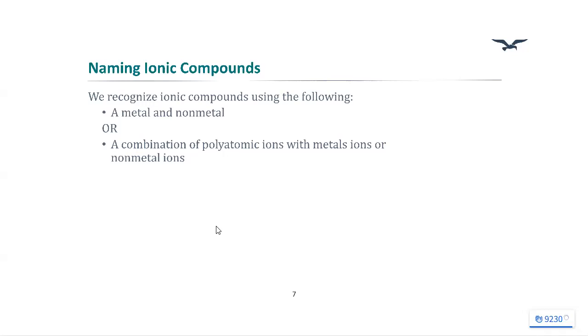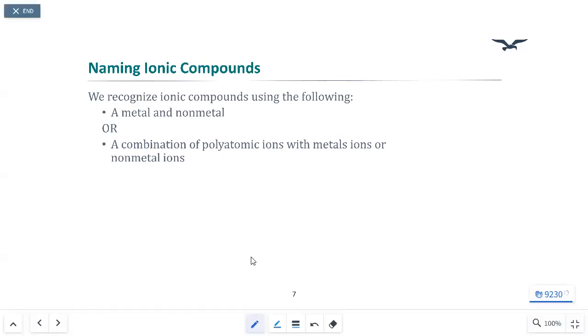So sodium and sulfur, beryllium and chlorine, aluminum and oxygen, or this is where that knowledge of the polyatomic ions comes in. We recognize that the formula has a polyatomic ion in it, and if it has a polyatomic ion in it, it is either an ionic compound, or if it's paired with hydrogen, it's an acid.